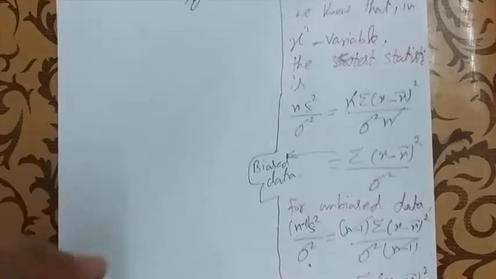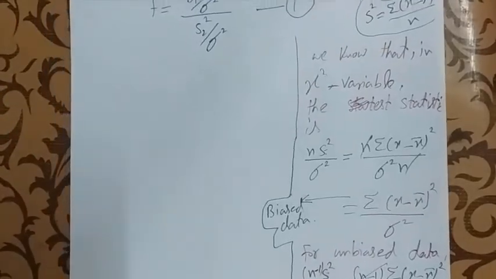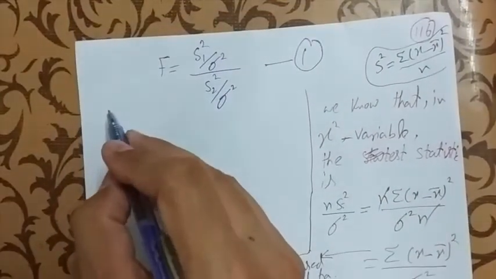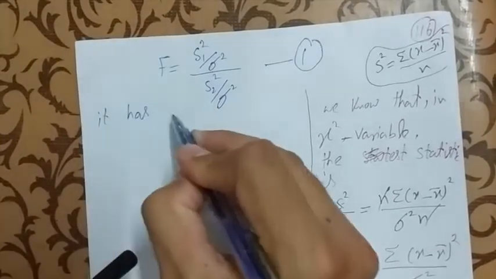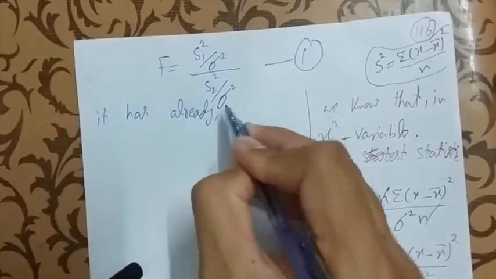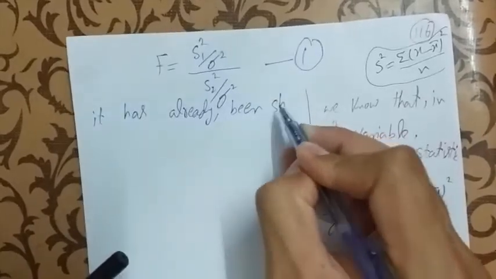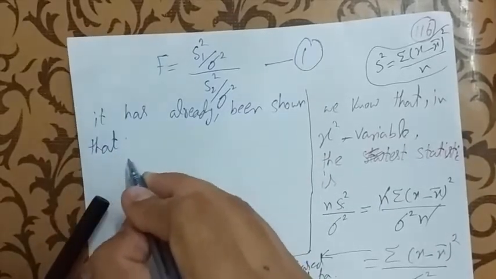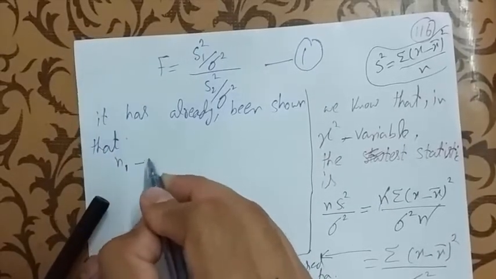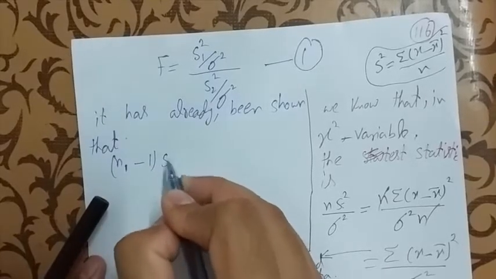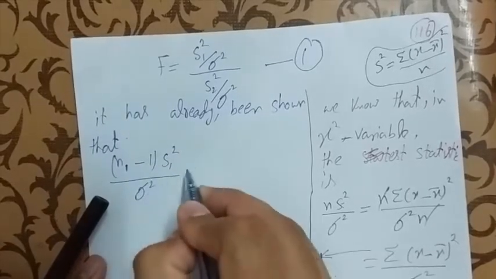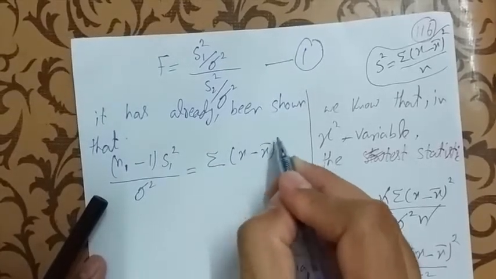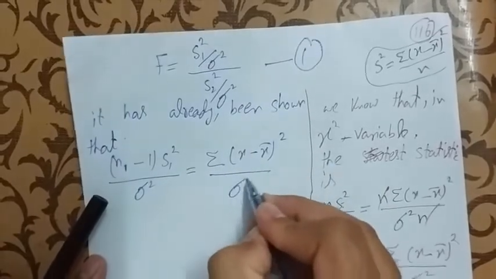It has already been shown that (n1 minus 1) s1 square over sigma square is equal to summation (x minus x bar) whole square over sigma square.